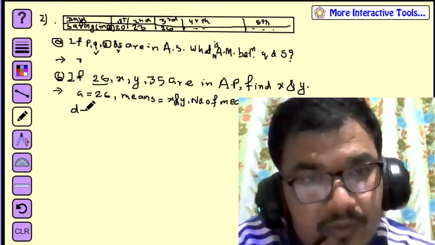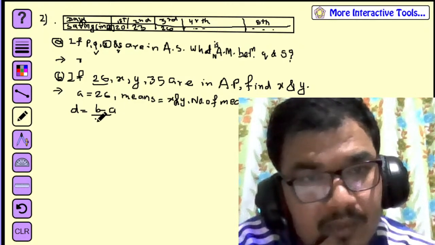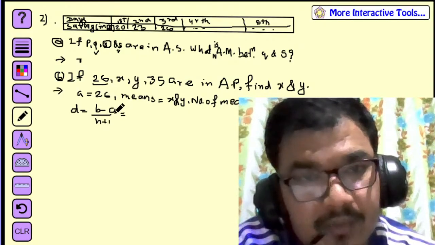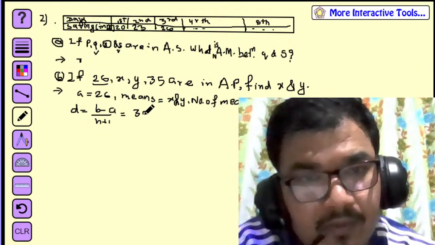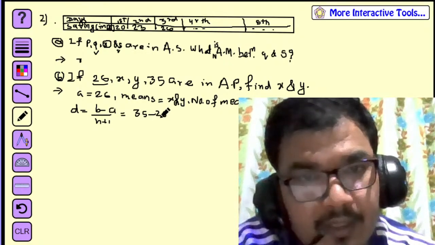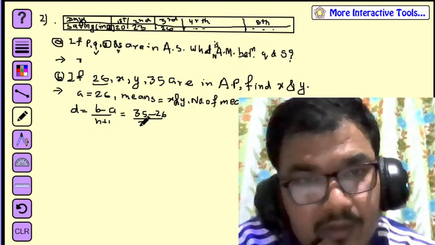The formula is d equals b minus a by n plus 1. Use this formula. Here b is 35 and a is 26. Inside these two numbers there are two means, that's why I write 2 plus 1.